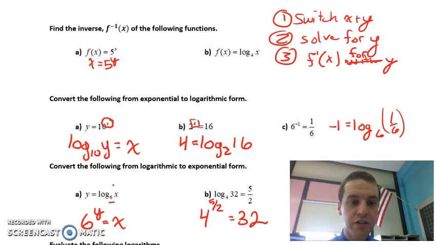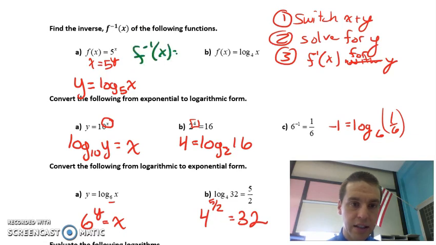We now want to convert it into the equivalent logarithm form, because that's the only way we know how to get an exponent is to log it. So we have y equals log base 5 of x. Y is now by itself. We solve for y, and we now write it in the f inverse form. F inverse of x equals log base 5 of x.